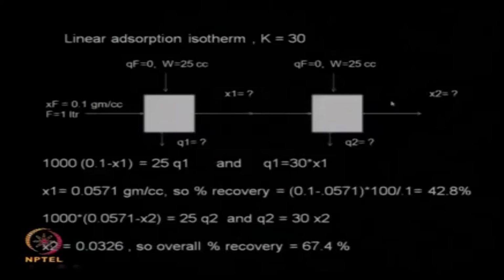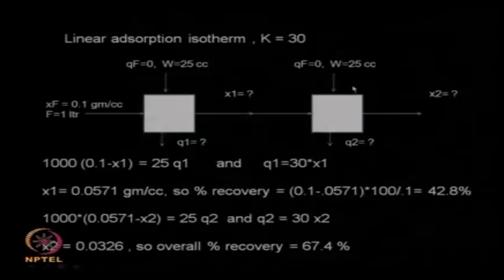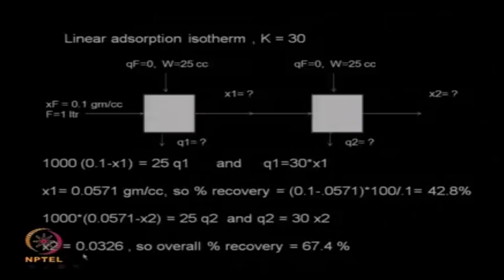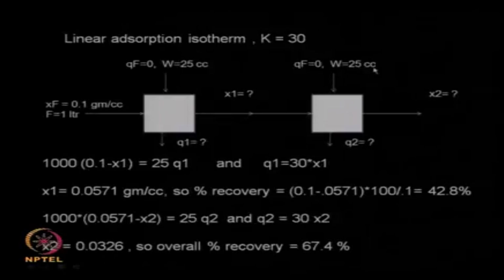Now let us do the same thing in the second stage. So again you have the 1000, that is your feed, 1000 cc, and then the concentration of the solute entering now will be 0.0571, and the next x2 is your unknown, and then again you are adding the same amount of adsorbent.